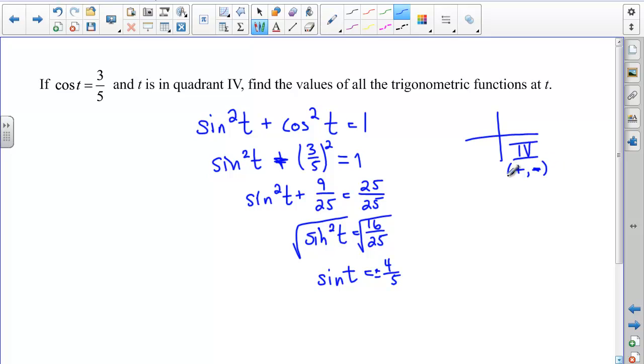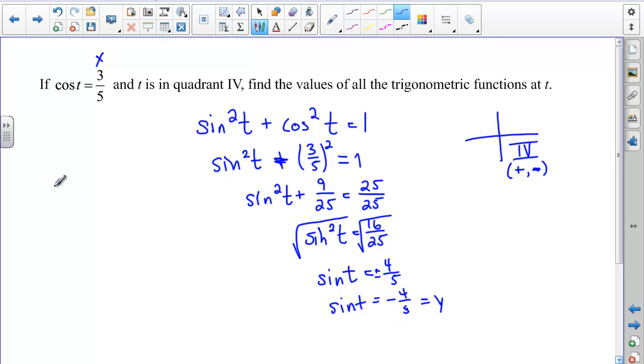Because sine is the y value, the sine of t for this is going to be negative 4/5, and that's also equal to y. So we have the cosine, which is equal to x at 3/5, and the sine of t as negative 4/5, which is equal to y.